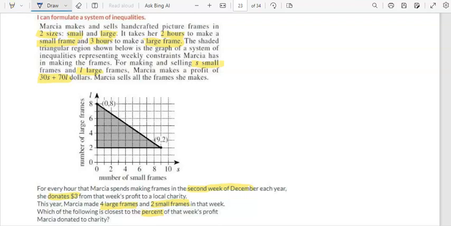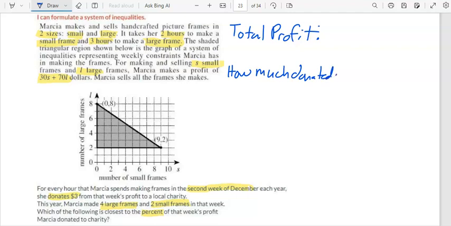So there's 2 things that we need to find here. We need to find the total profit, and then we need to find how much is donated. So to find the total profit, we just plug it into this formula right here. We know that the small frames was 2 and the large frames was 4.